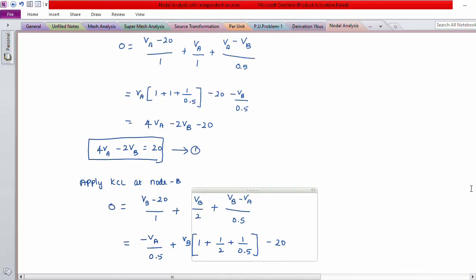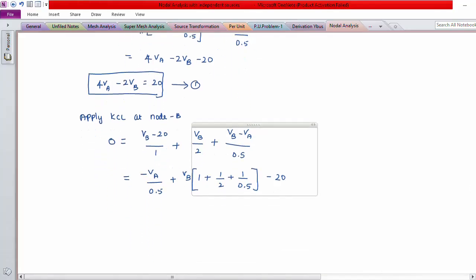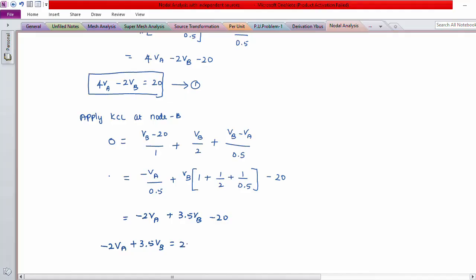If you simplify, we write minus 2VA plus 3.5VB minus 20. In terms of simultaneous equations, minus 2VA plus 3.5VB equal to 20. Take this as equation number 2.